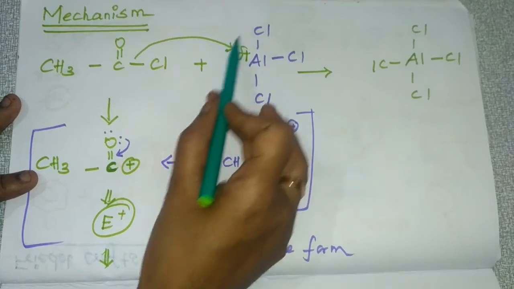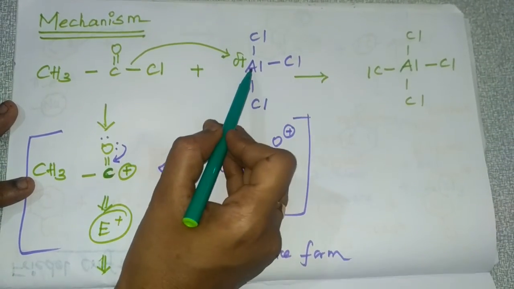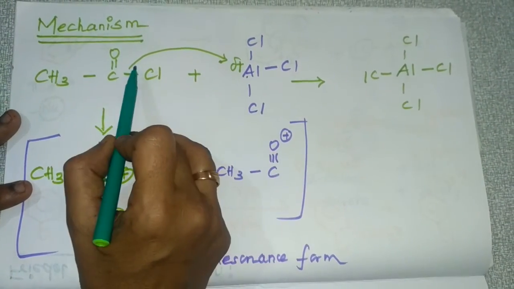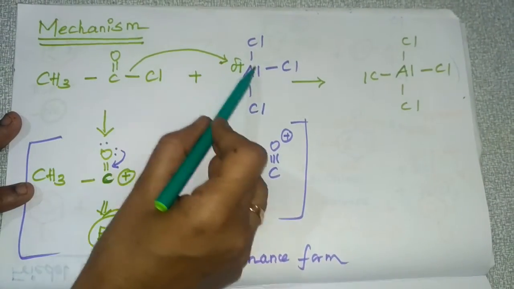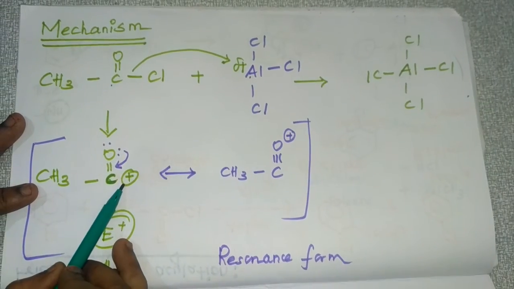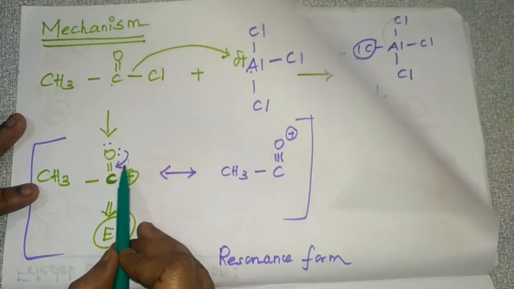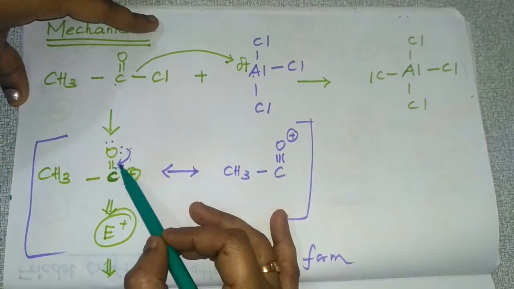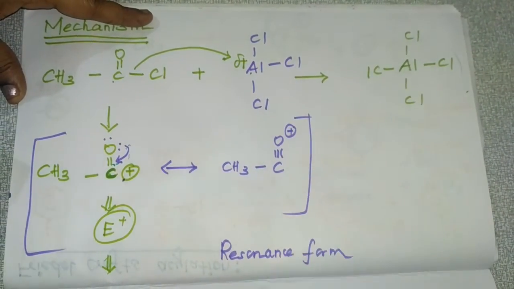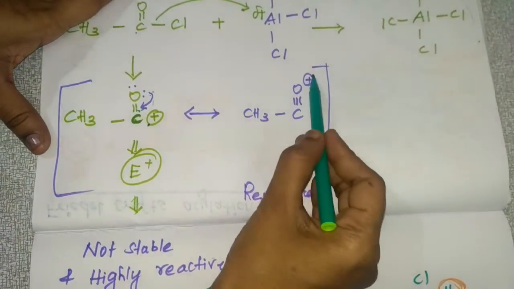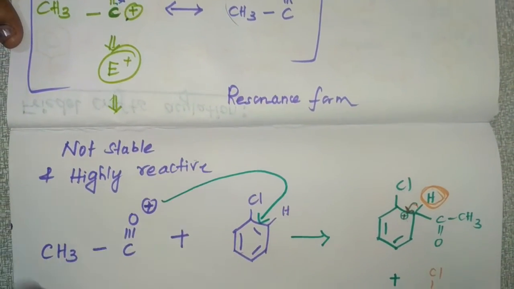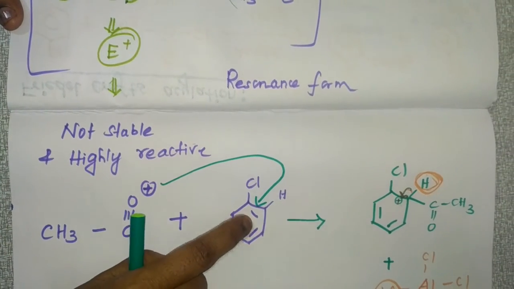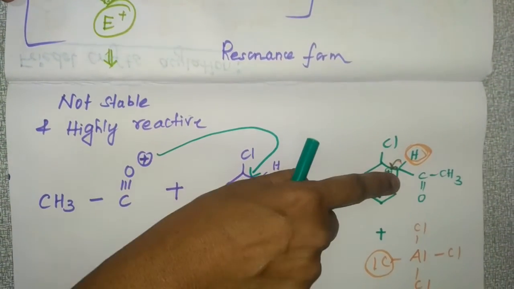So here we are taking this acetyl chloride and AlCl3. Chlorine is highly electronegative and this will become partially positive. This will attack these electrons and it will become AlCl4, and after donating the electrons, this carbon will become positive, and this will take the lone pair of electrons from this oxygen atom, and your resonance structure will be like this. And then this chlorobenzene will react, and this positively charged form will be attacked by the pi electrons present in the chlorobenzene, and your product will be like this.